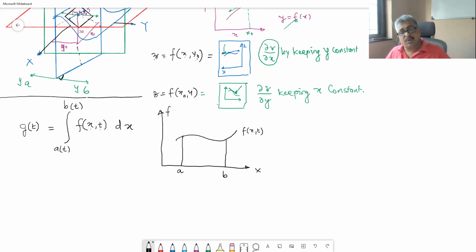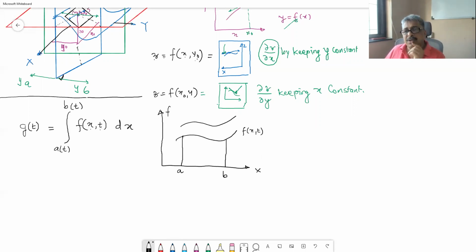Now what happens is, because this function is also dependent on t, let us say t is time, so that you understand it better because it is physics related. After some time t, the function becomes like this, somewhere else, increases or shows some deviation.